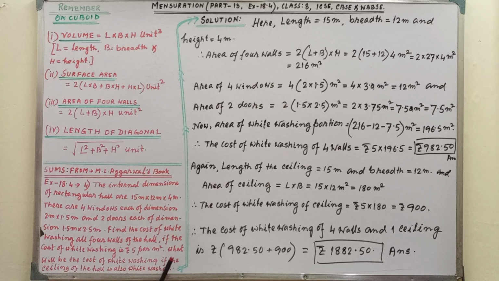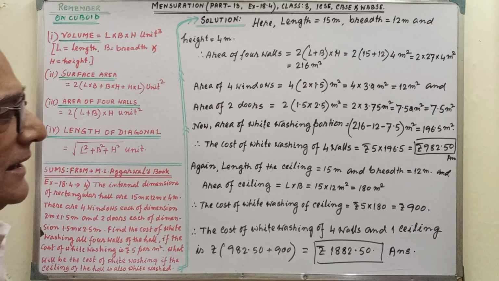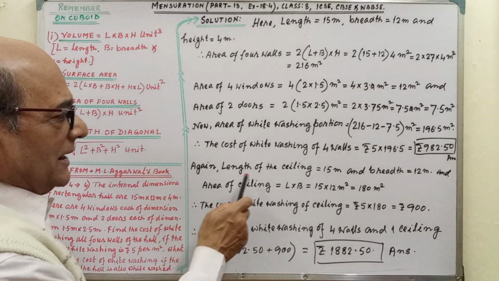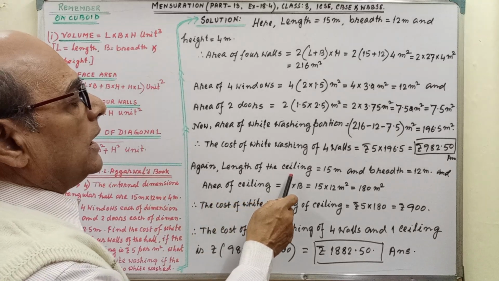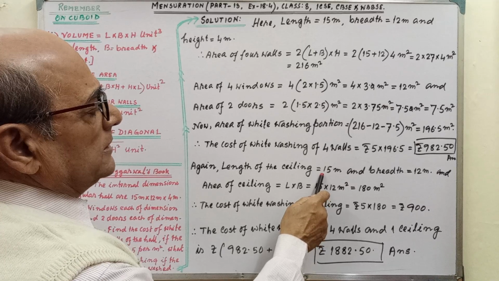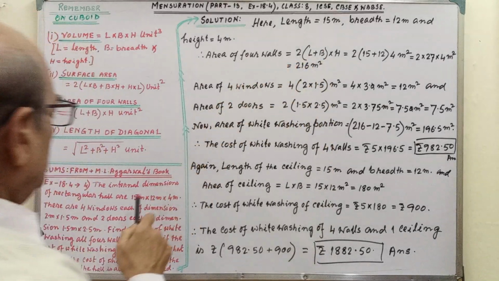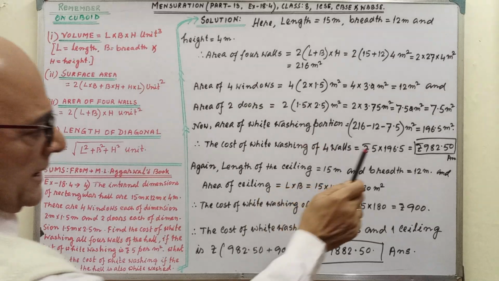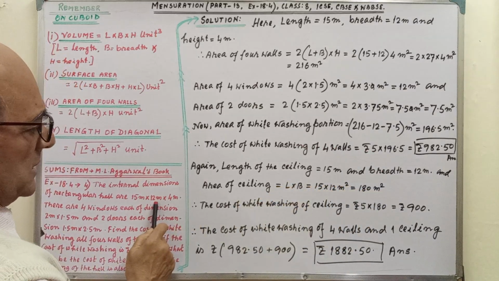Now what will be the cost of whitewashing if the ceiling of the hall is also whitewashed? Here more addition, again length of the ceiling of the hall. Ceiling of the hall, that is length 15 meter and breadth 12 meter.